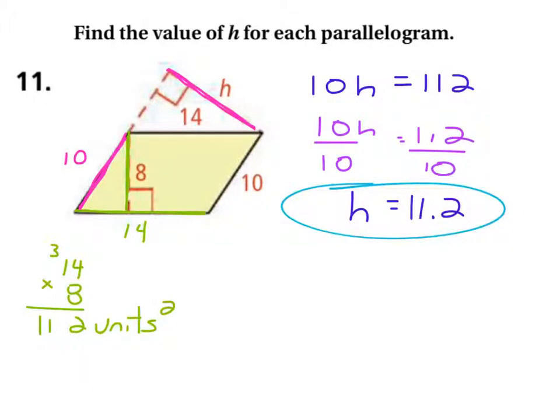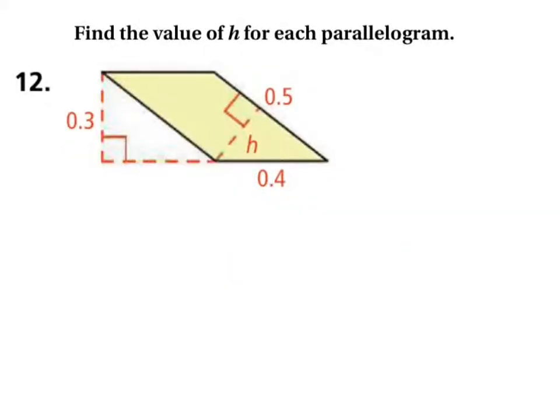Let's try this with a couple more, 12 and 13. So here on 12, we see what two measurements do we know. I'm going to do it the same way. I'm going to highlight them in green, what we know. We know that this height here is 0.3, and this base over here is 0.4.